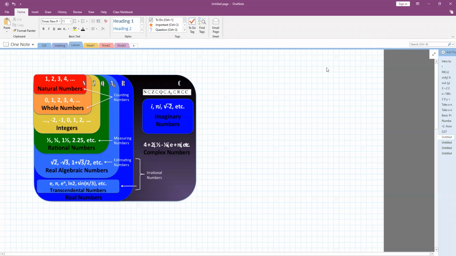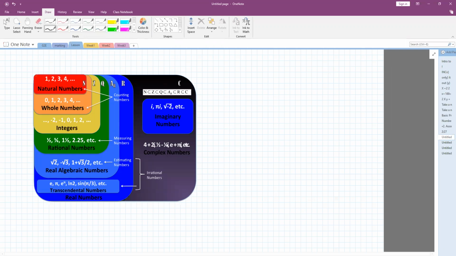Okay, so today I want to introduce you to some numbers in mathematics. Now, what you see here is called the number sets. The smaller group of it is called natural numbers. So what are natural numbers?